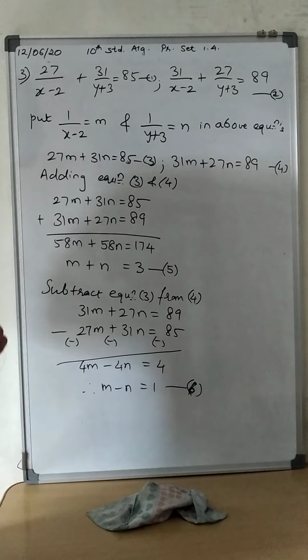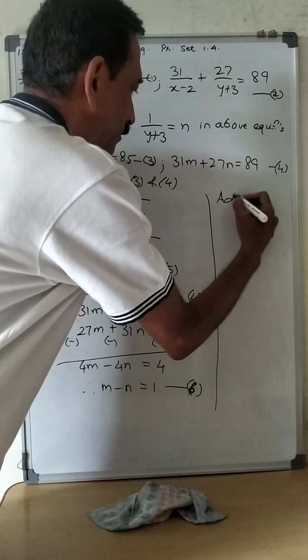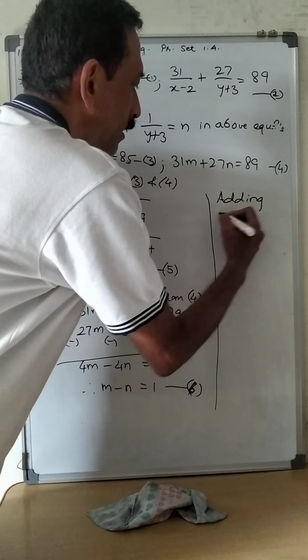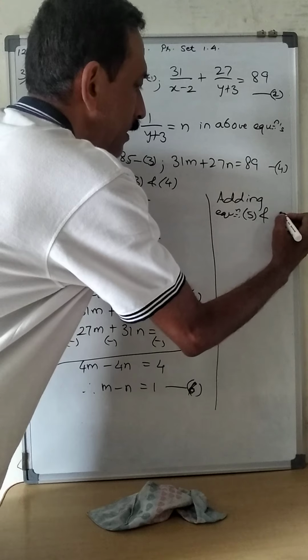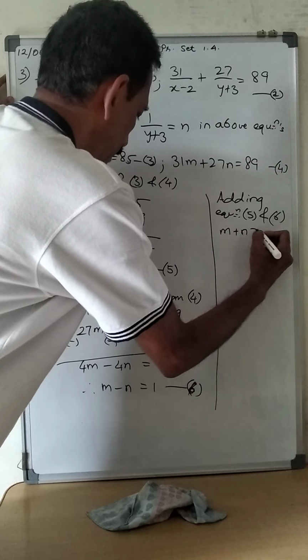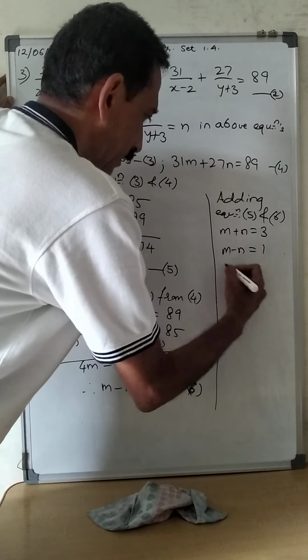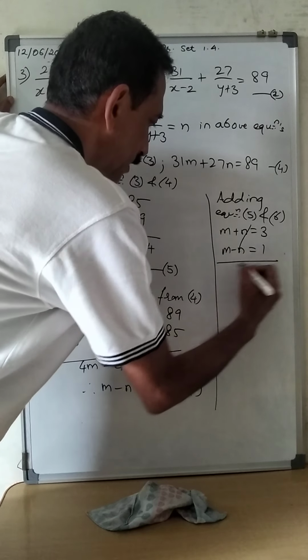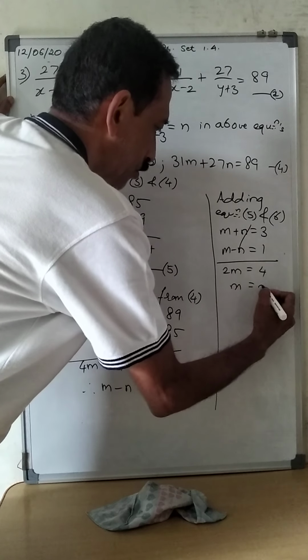Now we add equation 5 and 6. What do we get? m plus n is equal to 3, m minus n is equal to 1. So n cancels out, we get 2m is equal to 4 or m is equal to 2.